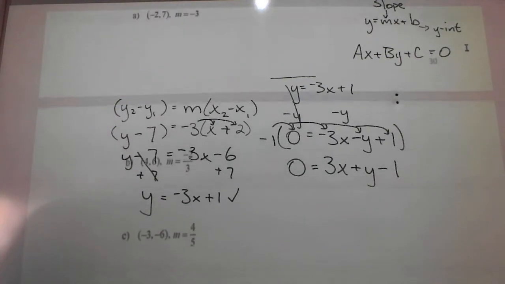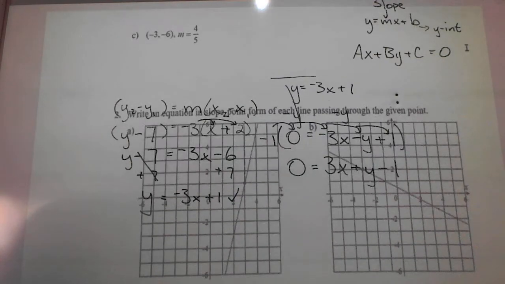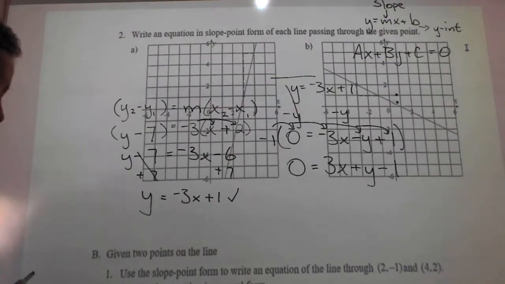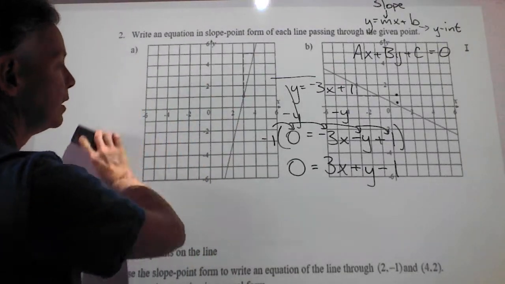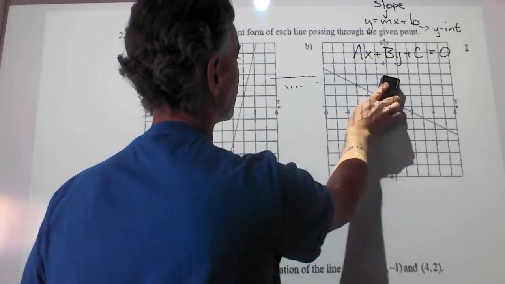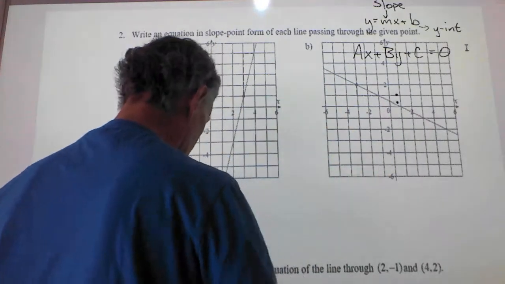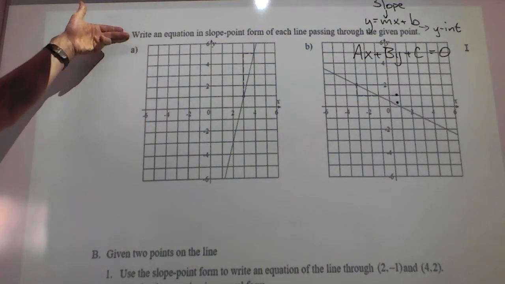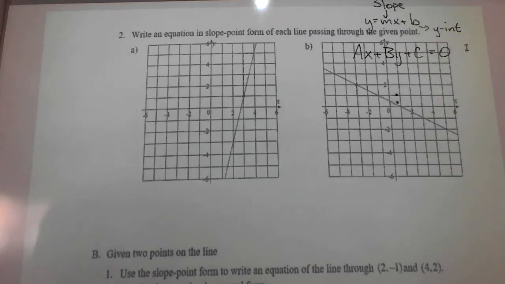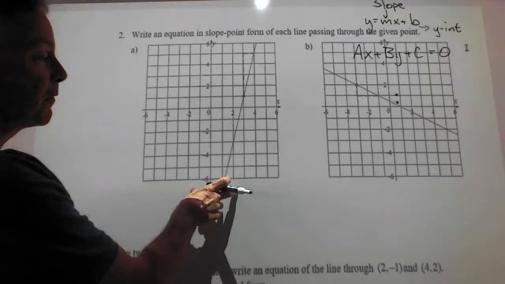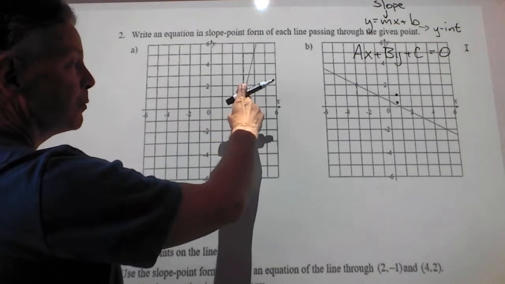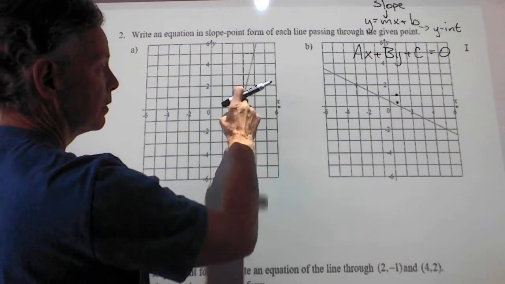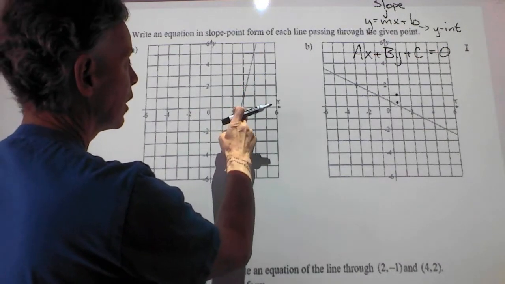We're going to skip this one, and we're going to move on and do some of these ones which involve graphs. Okay? So, this says, write an equation in slope point form of each line passing through the given point. Okay? So, for our first line, we have a point right here. Okay? It's at 3 across and 1 up.